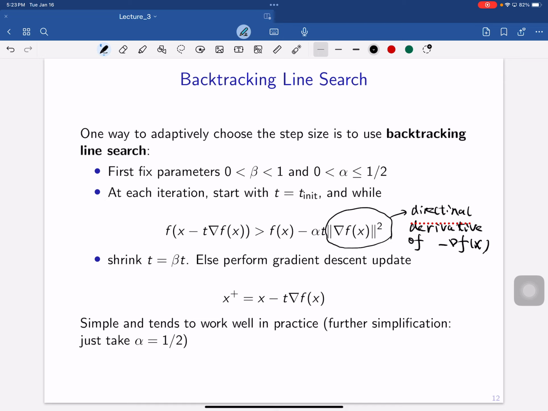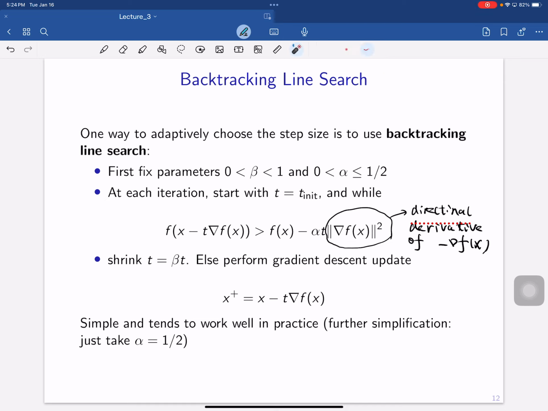If your new point is close enough to the original point x, then you are guaranteed to decrease by the directional derivative, right? If you go too far, it will deviate from that decrease. So that's why you can check this condition.